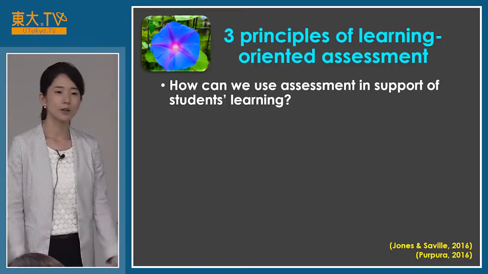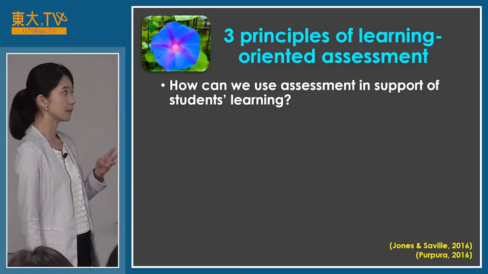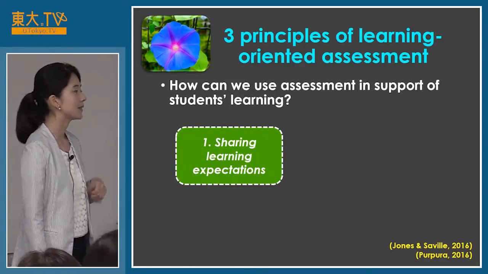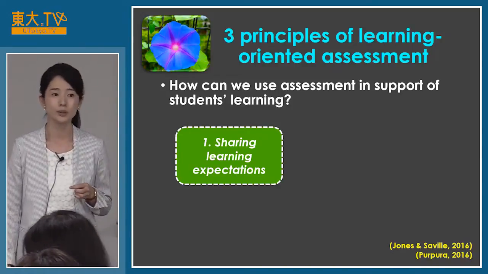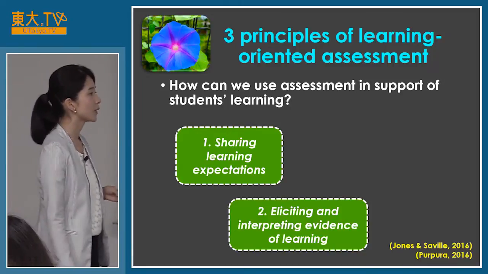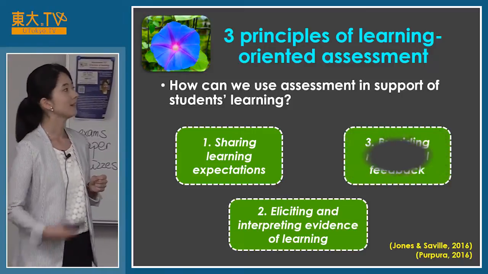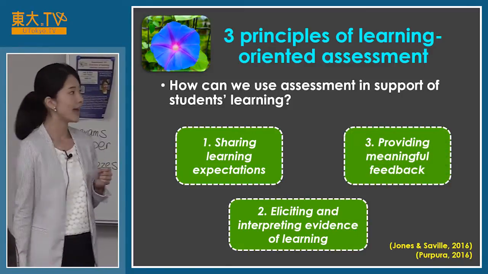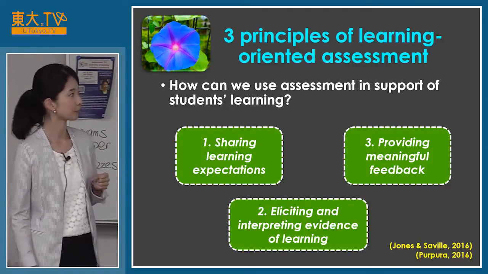There are a lot of different ways to go about it, but there are three principles of a learning-oriented assessment. One is that the first thing we want to do is to share learning expectations with the students. The second principle is to elicit and interpret evidence of learning. And lastly, we always want to provide meaningful feedback to the students. We're going to look at these three principles in turn in more detail.